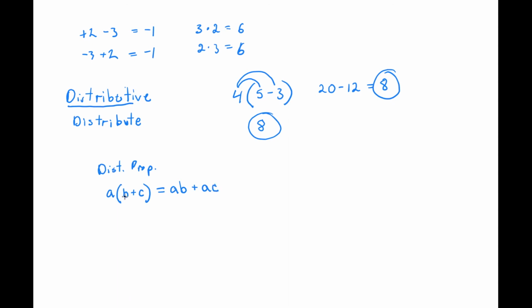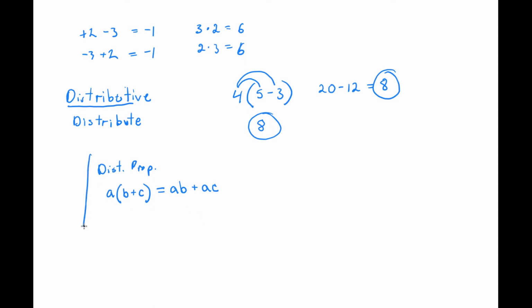And all that says is A times B plus C, right? That's what we had here, A and B and C, is the same thing as A times B plus A times C. So it applies to both of the things on the inside. And that's how it's distributed. A is distributed to both B and C equally as a factor.